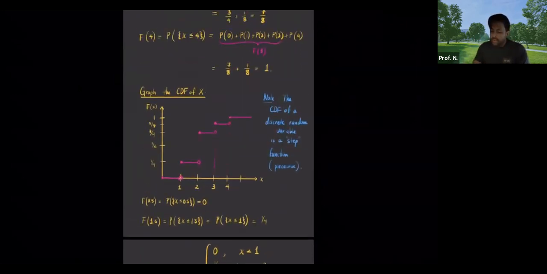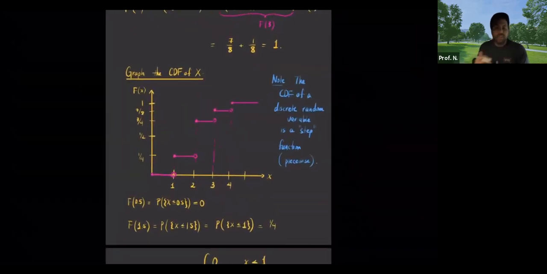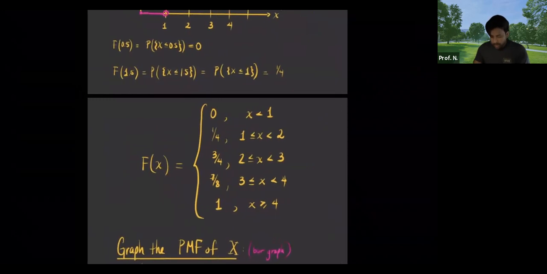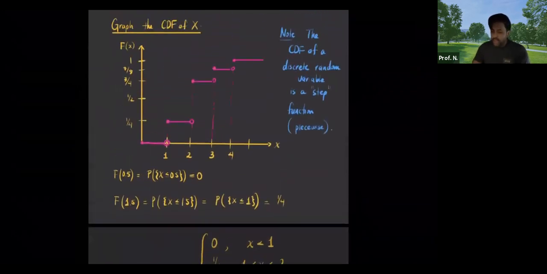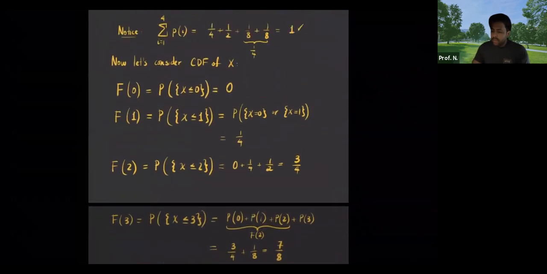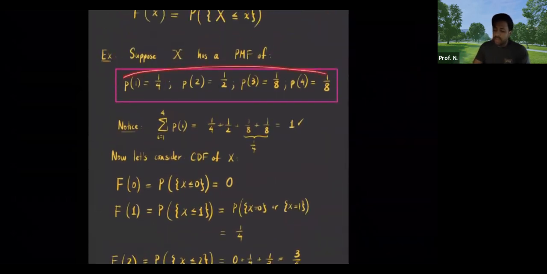Or you can view it from the perspective of accumulation of those probabilities, such as a CDF. Or you can look at the defined function for the CDF, or the values as the PMF. So the PMF can be written as a function.